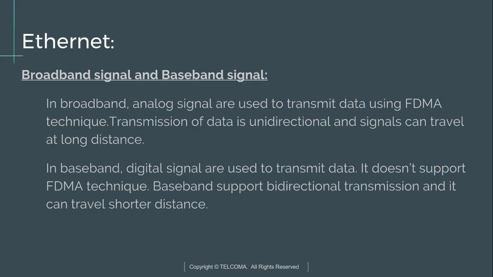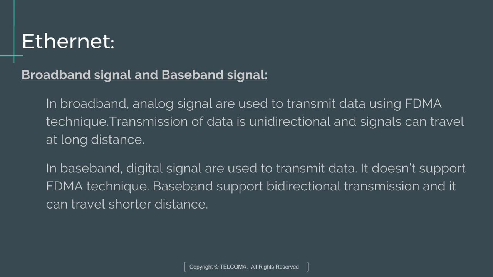Next is what is a broadband signal and a baseband signal. Broadband signals use analog signals to transmit data, whereas baseband signals use digital signals to transmit data. Broadband signals use the FDMA technique to modulate the data, whereas baseband signals don't use any FDMA technique to modulate their data.